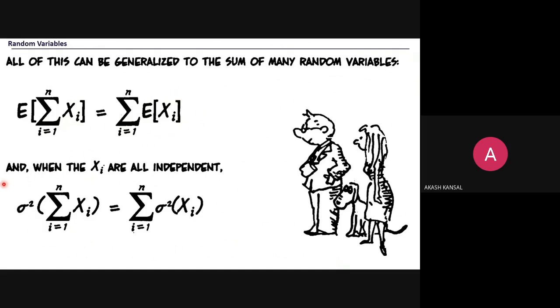This is just a generalization of what we just studied. Moreover, if they are all independent, then the variance of the linear combination of xi's will be the sum of variances of all xi's. These are pretty important formulas. You should remember those. Moving on.